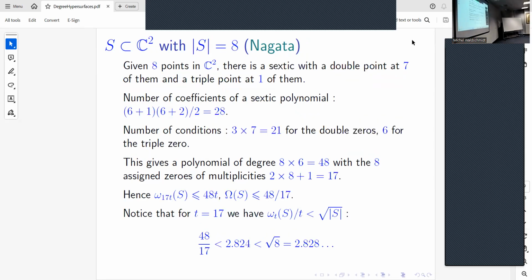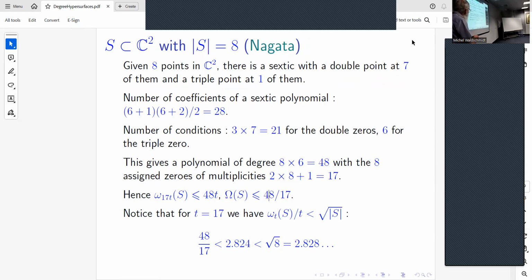I will pass rapidly to the next example. The next example is 8 points. Given 8 points in C squared, there is a sextic, so a curve of degree 6, with a double point at 7 of the points and a single point at 1 of them. You check it as follows. The number of coefficients of the sextic polynomial is 28.